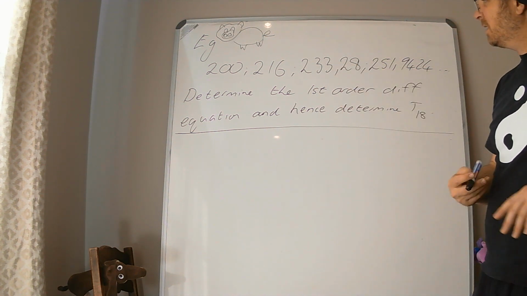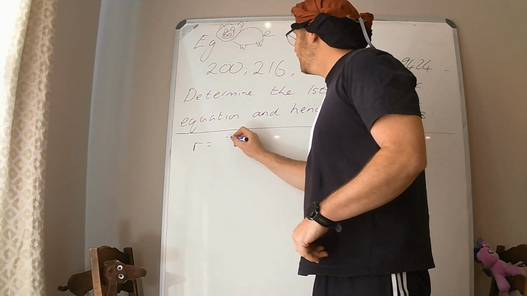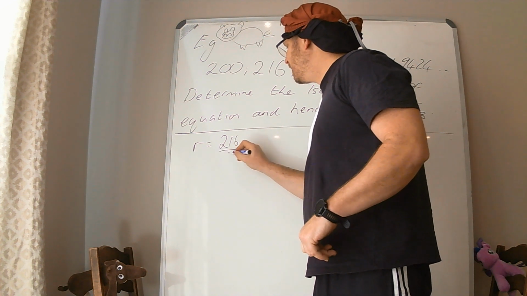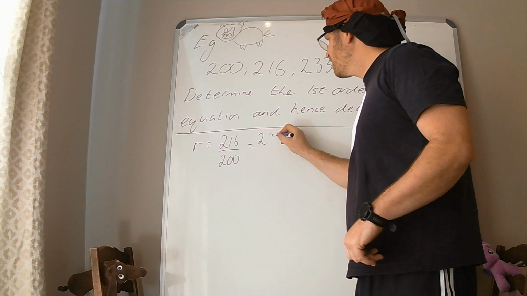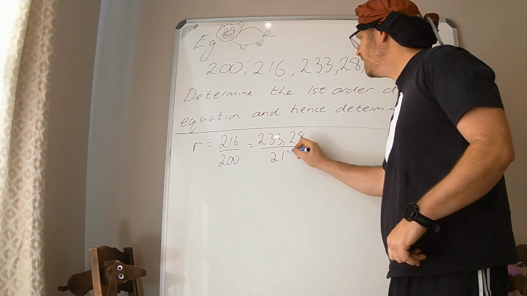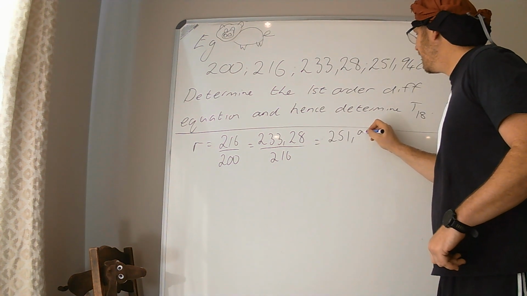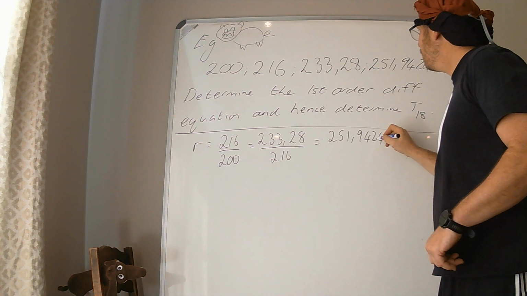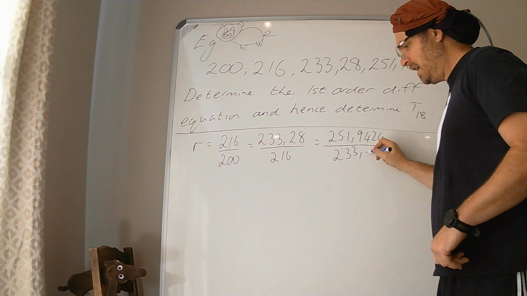What about geometric? To test if it's geometric, let's look at our ratio. On your calculator, go 216 divided by 200. Then 233,28 divided by the term before, which is 216, and 251,9424 divided by 233,28.